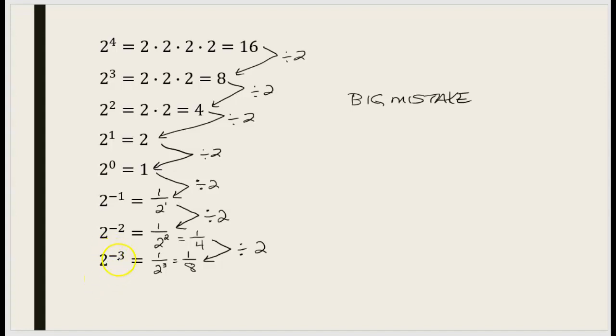The negative in the exponent actually means the base and its exponent have to move to the other level of the fraction, because all of these, when you put them over 1, are in fraction form. So the base and the exponent must move to the other level of the fraction. Once they move to the other level of the fraction, the negative has done its job and it gets to go away. All right? So that's a really, really important concept.